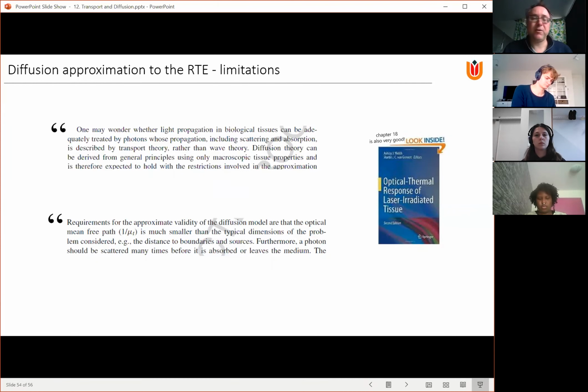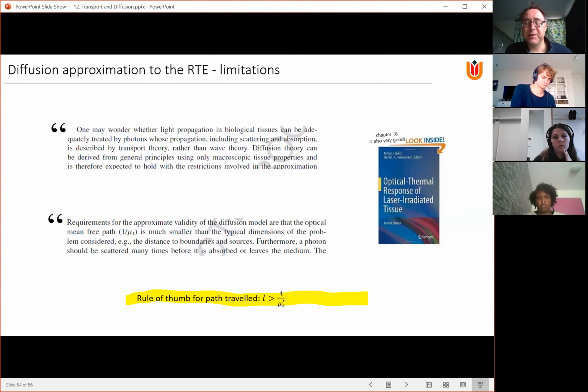And furthermore, that implies that the photon should be scattered many times before it is absorbed or it leaves the medium. That's all still a little bit vague. So what is then the limit? Well, there is a rule of thumb for the length that the photon should have traveled.